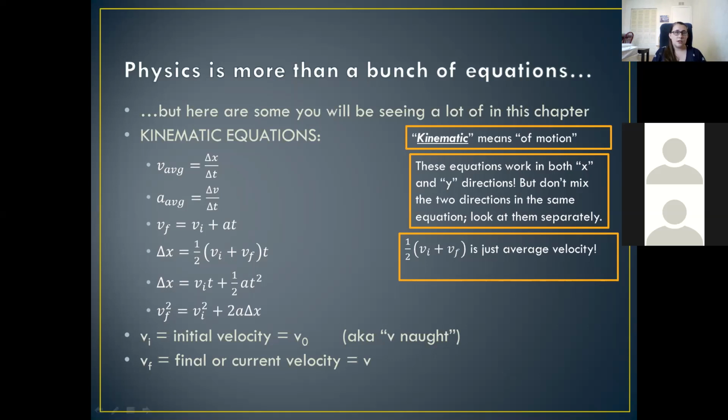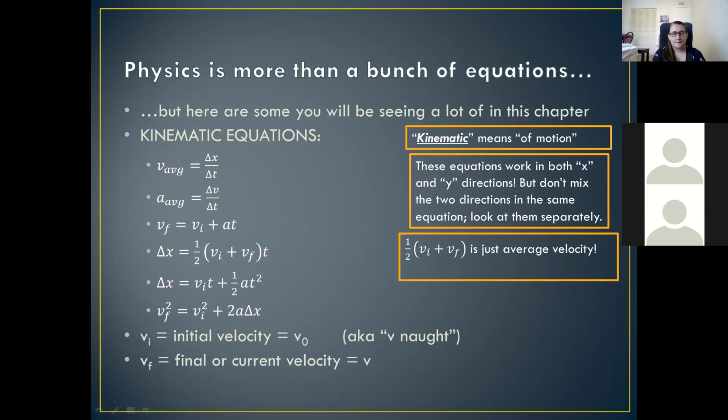These equations are equally valid in both cases, but we do not mix the two directions together, right? We can't say delta X equals a Y velocity times time. You can't do that. They apply to both X and Y directions, but you have to keep them separate. If you're thinking about a Y direction, everything in that equation has to be in terms of Y, and if you're thinking in an X direction, everything in the equation has to be in terms of X quantities.